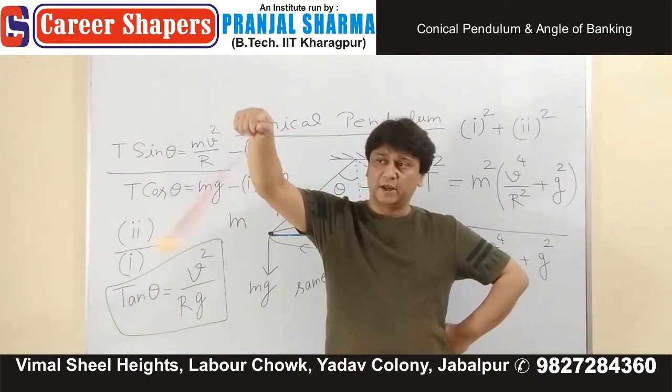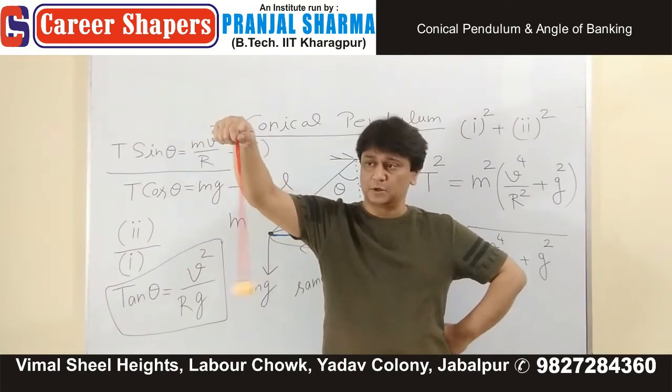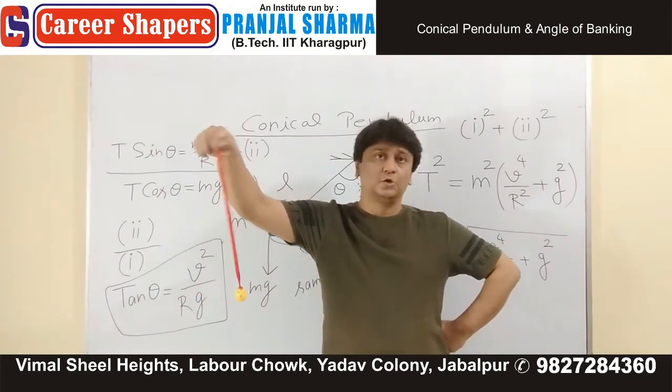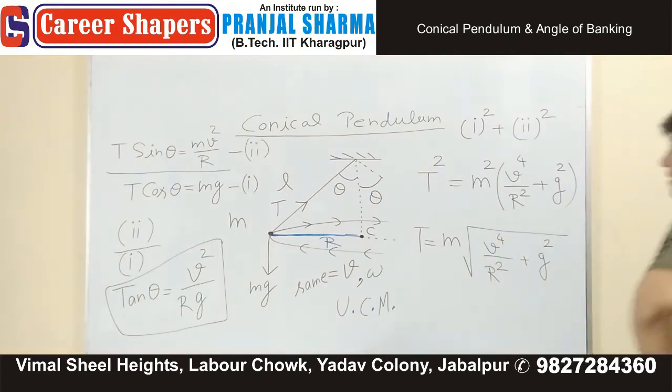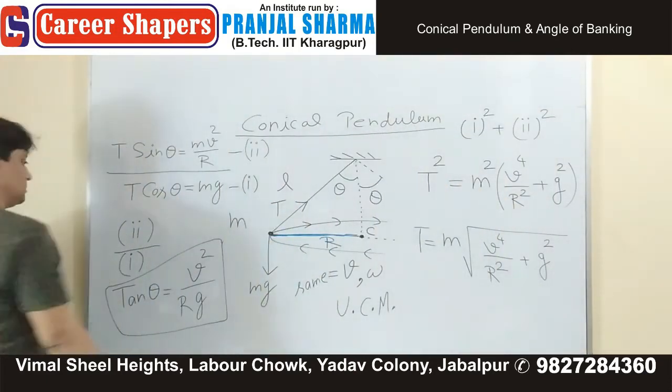As I decrease omega, cone almost disappears. So what is the minimum omega which can make a conical pendulum type of thing possible? That's the question.